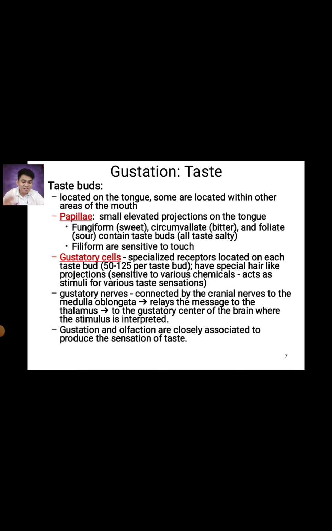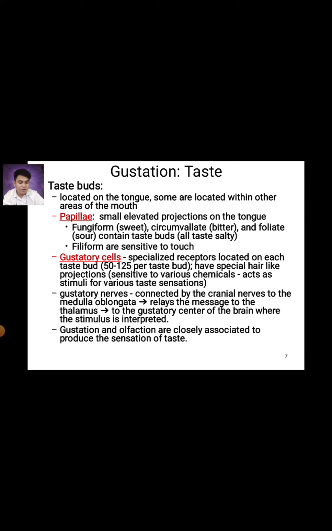Gustatory cells, ang ibig sabihin po ng gustatory cells, specialized receptors located on each taste bud, 50 to 125 per taste bud, have special hair-like projections sensitive to various chemicals, act as stimuli for various taste sensations.